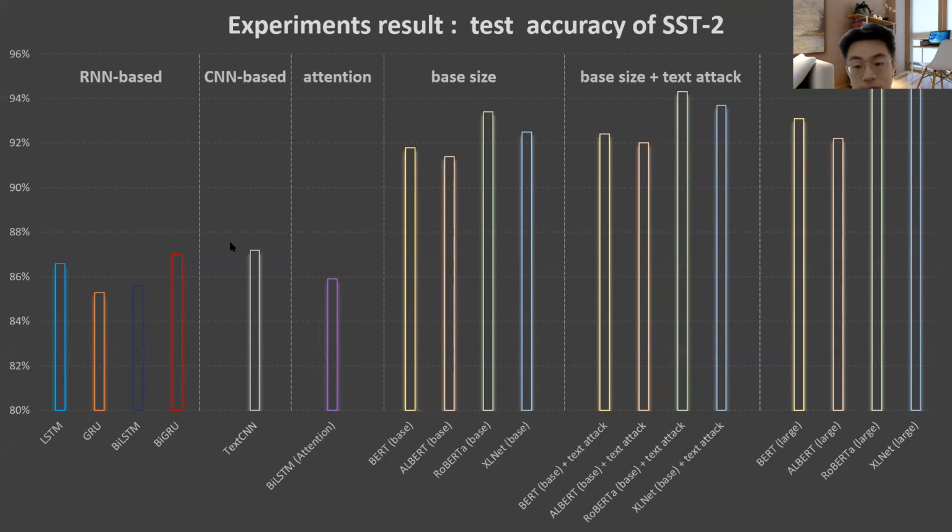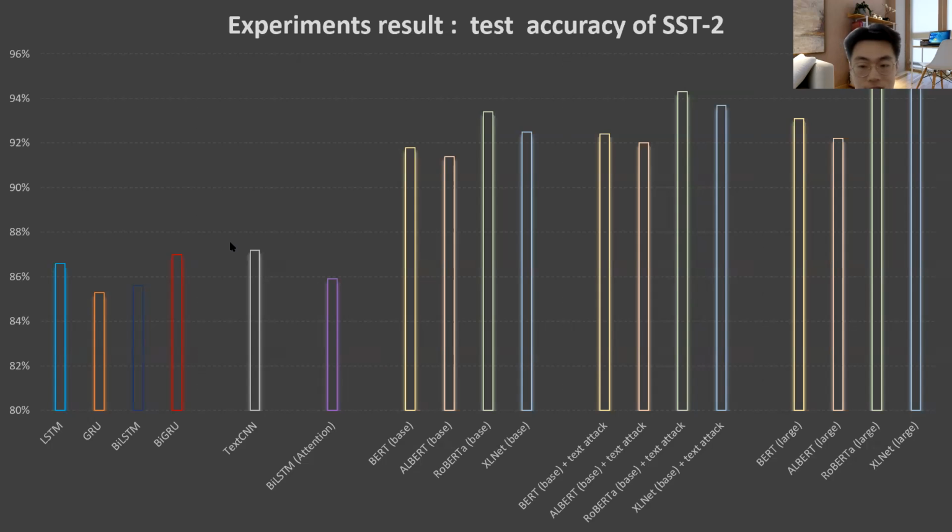These 4 are base size plus TextAttack, which are slightly better than base size. Finally, these 4 are large size. We can clearly see from the picture that the RoBERTa large model gets the highest accuracy of 95% among these models.